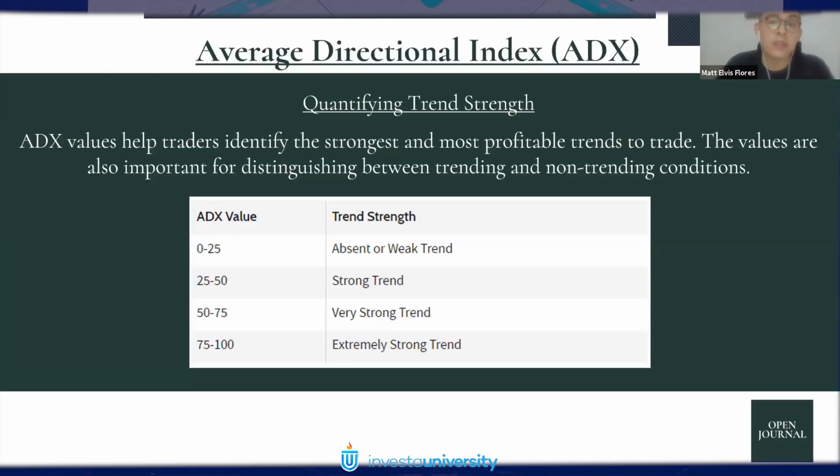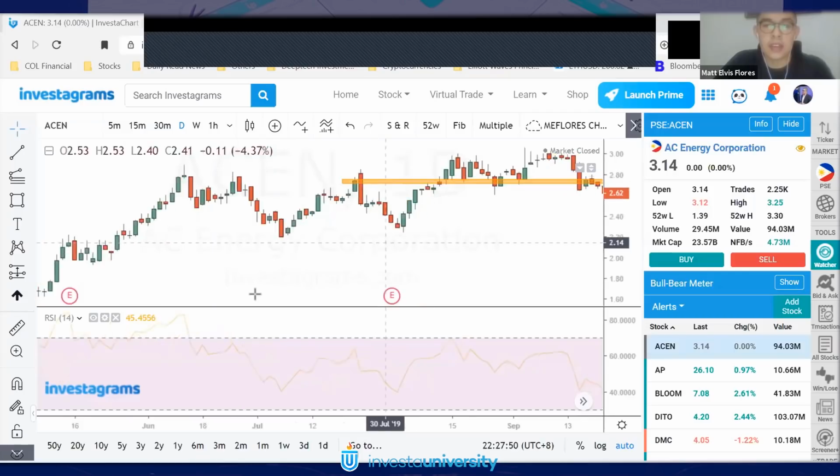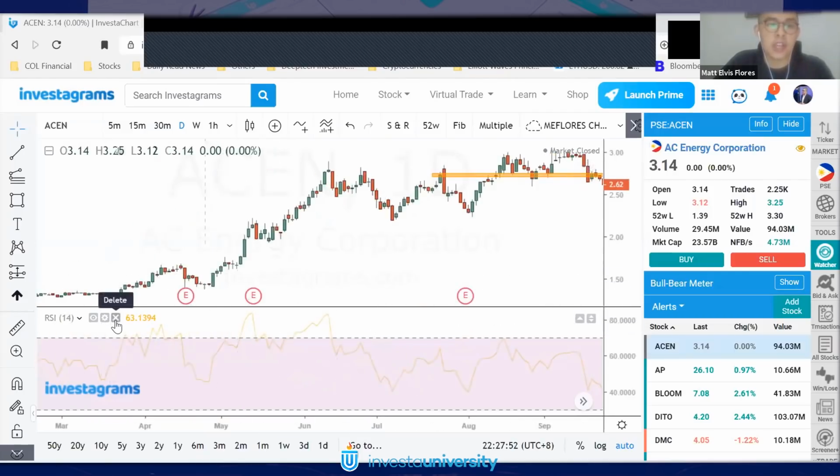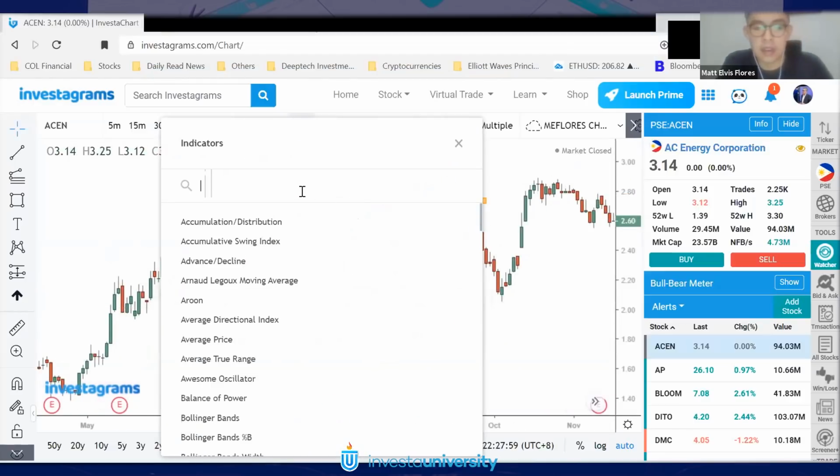Okay? So let's now proceed to this example. Let me stop share ulit and proceed sa chart ulit. Okay, so again, let's remove the relative strength index and put in the ADX.